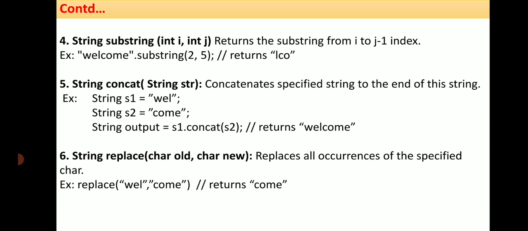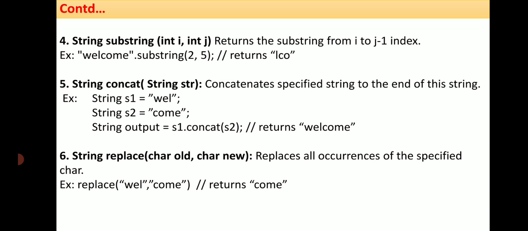Just see one example: welcome.substring(2,5). 2 means l has index 2, and 5 has index 5, but according to the rule j minus 1, it will take 5 minus 1, so it will print only "lco". I think you got it. The j value always takes 1 less than the index value.